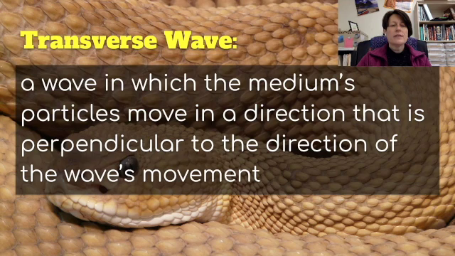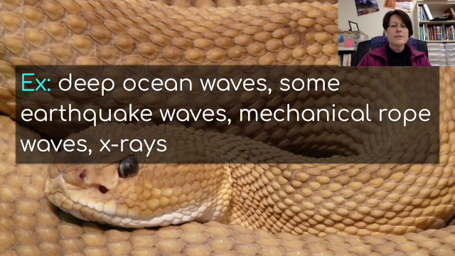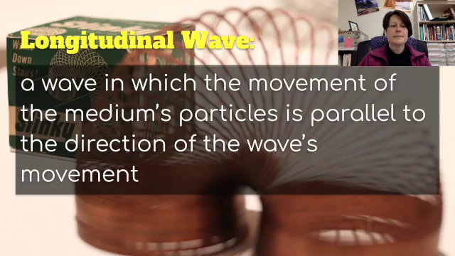So that will remind us of a transverse wave. And examples are deep ocean waves, some earthquake waves, mechanical rope waves, and x-rays. We're going to shake a rope in class, and you will see that that produces a transverse wave.